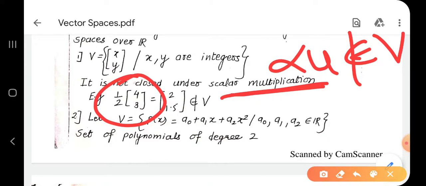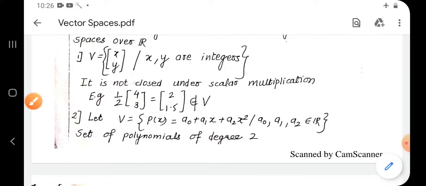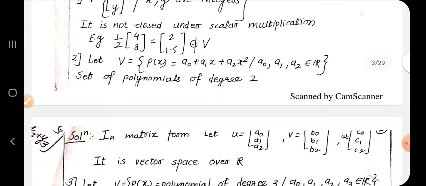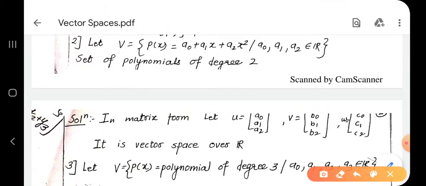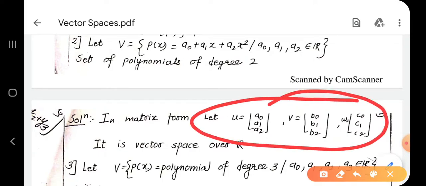Understood? Now you can check for polynomials also. If V is equal to p of x equal to a0 plus a1x plus a2x square, where a0, a1, a2 belong to R, then you can check here polynomials of degree 2 satisfy the vector space conditions. Instead of using matrix notation, you can directly solve.